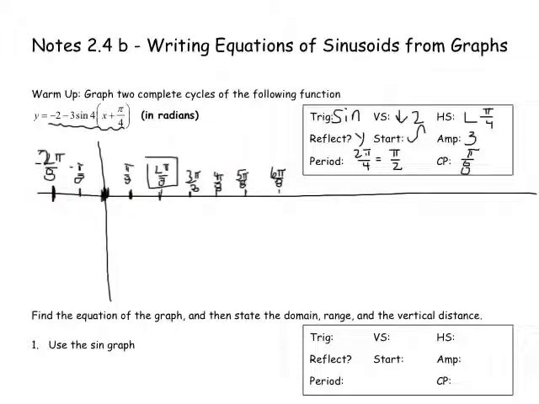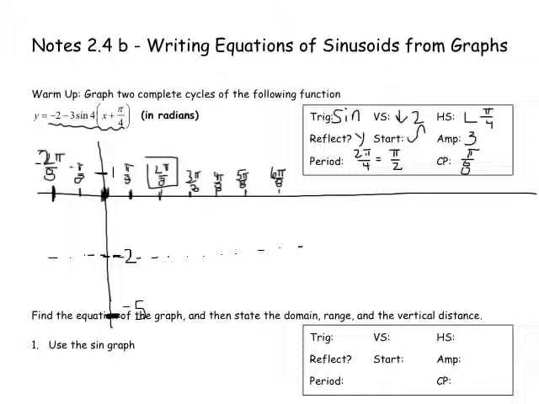Okay, and down 2, that's my sinusoidal. Down 3 from that, so that'll be negative 5. And up 3 will be positive 1.